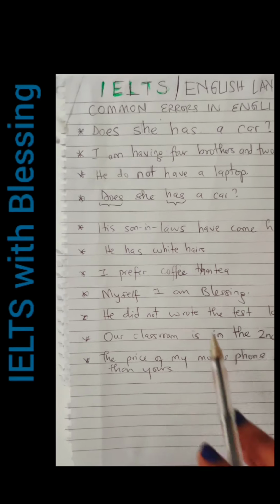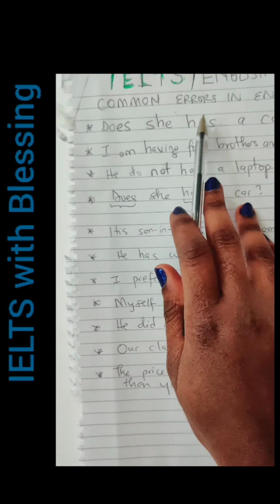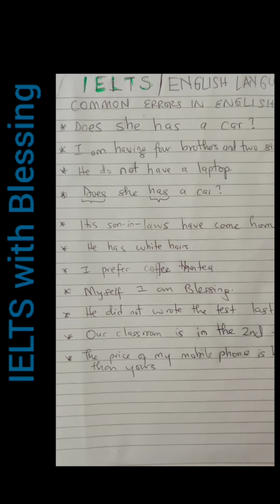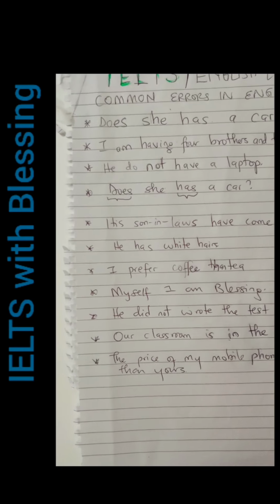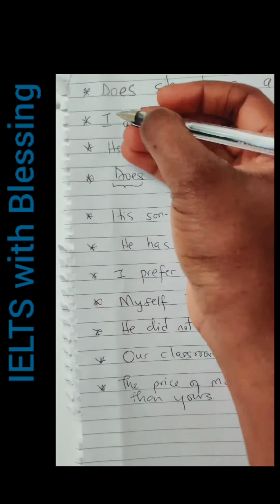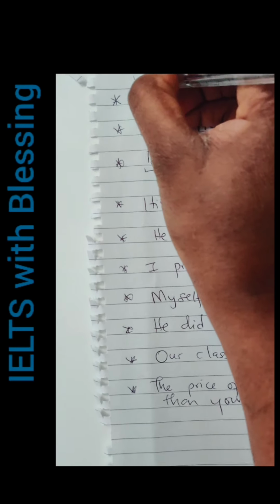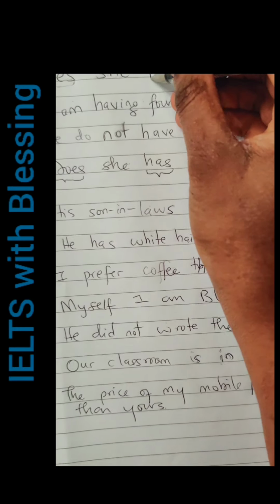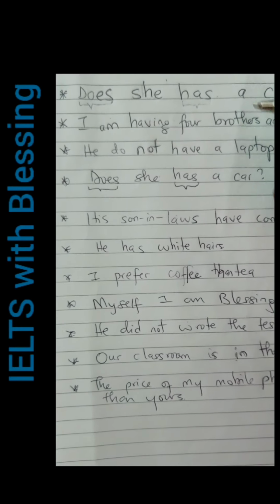The first one here is, does she has a car? So what do you think is wrong with this sentence here? First of all, does is a helping verb, and has is the main verb.